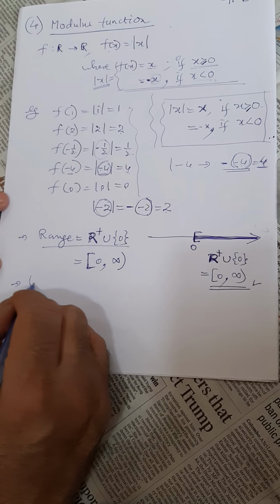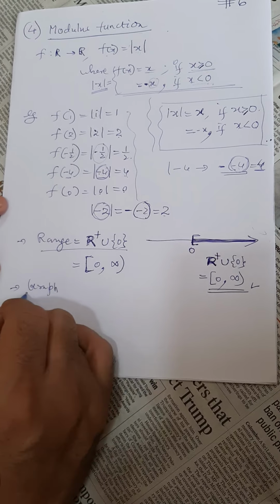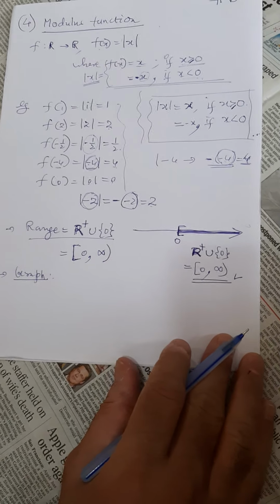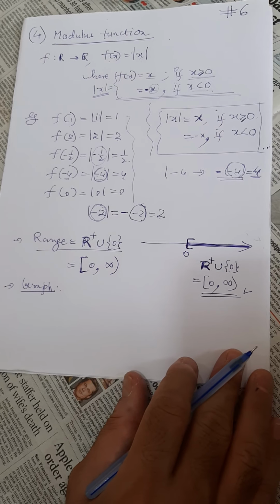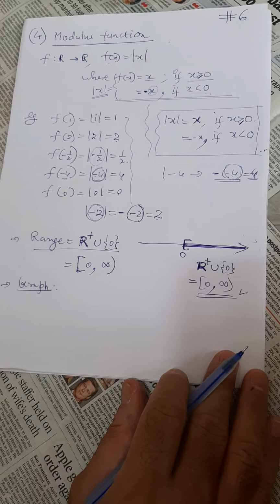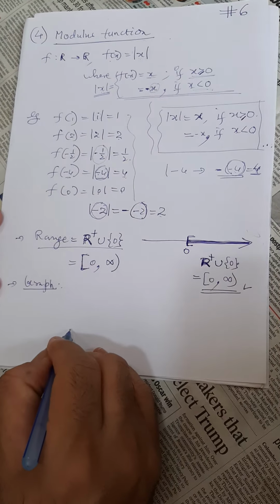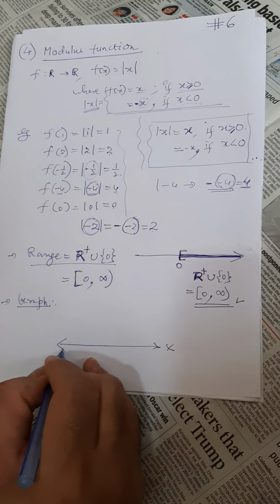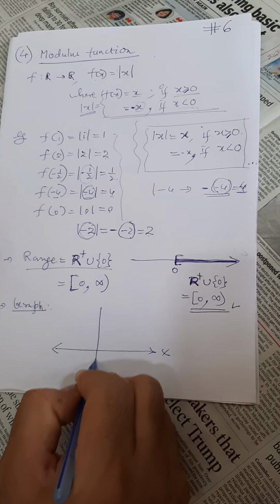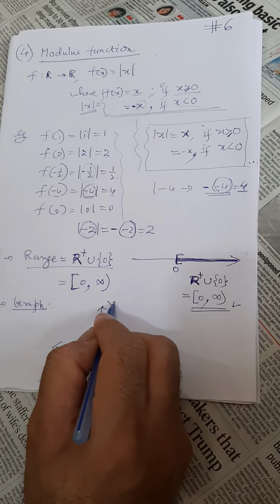Now what about the graph? Let me show the graph of the modulus function. For the graph of this function, I will not draw the table because the points are easy. So this is the x-axis, for example, the horizontal line. This is the y-axis.